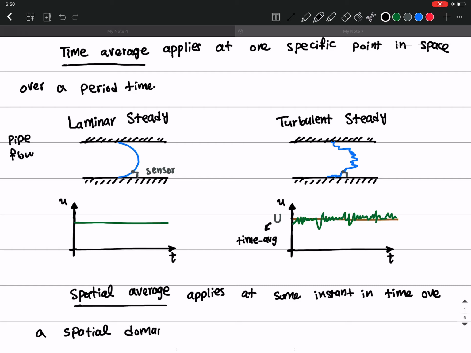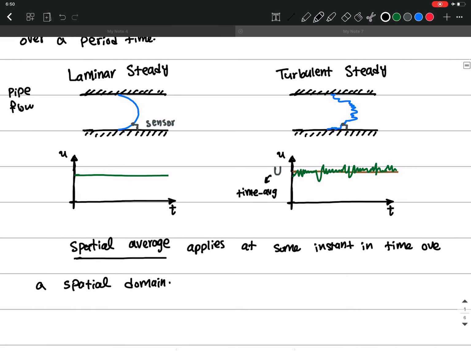So what this means is that for a spatial averaging, you take a snapshot of the flow at one time, one snapshot, and then take a spatial average in one direction or in multiple directions. So say you have a realization for a flow field in a spatial domain, okay?